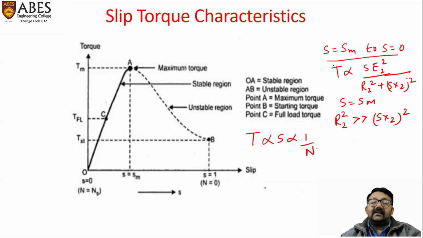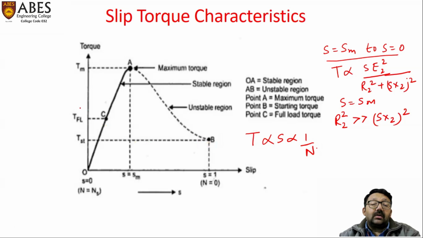In this entire zone, if the value of slip is decreasing, there is a corresponding decrease in motor torque. As slip and torque are directly proportional, or torque and speed are inversely proportional to each other, the operation of the motor in this region is stable in nature.